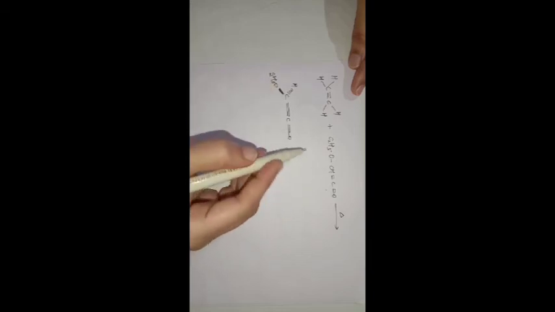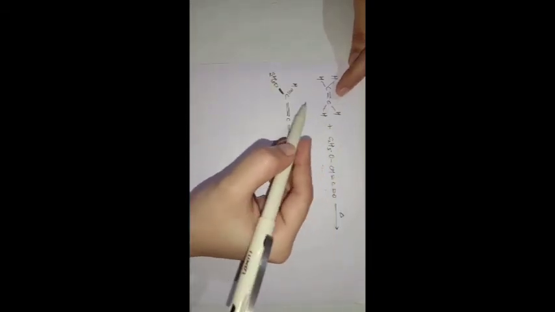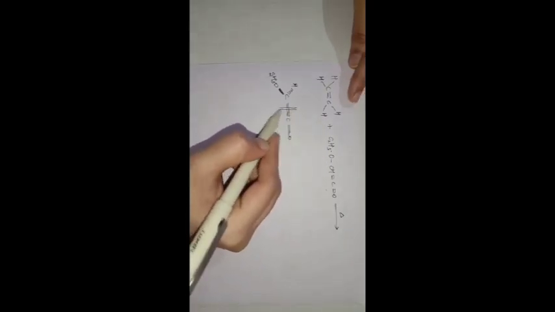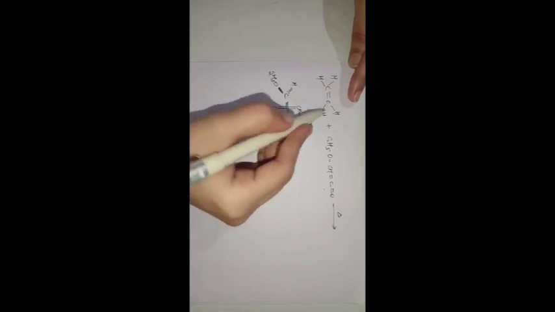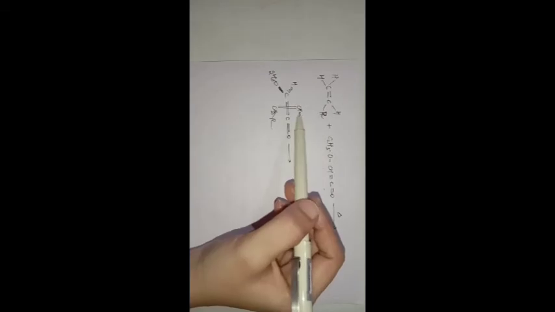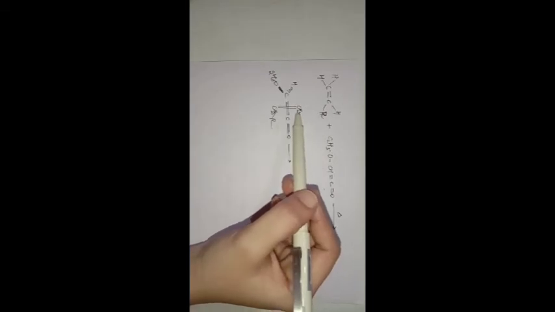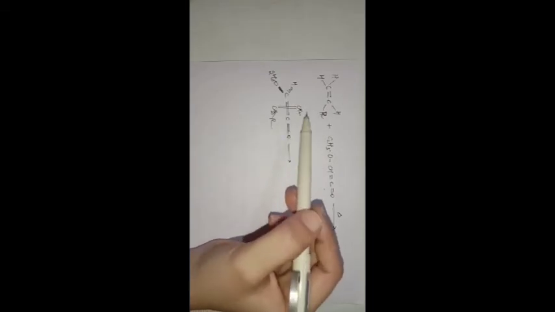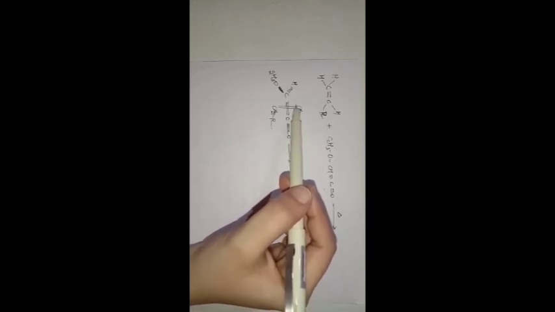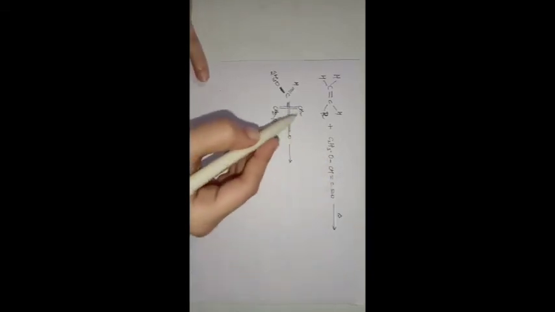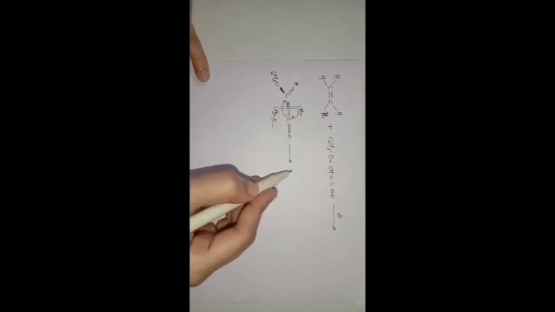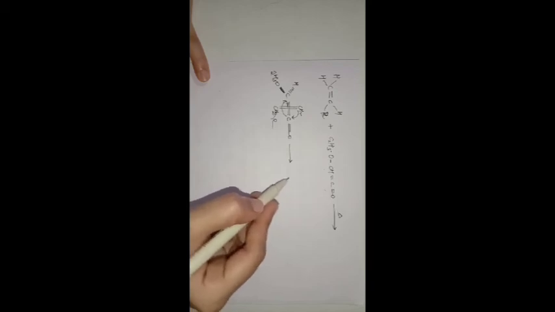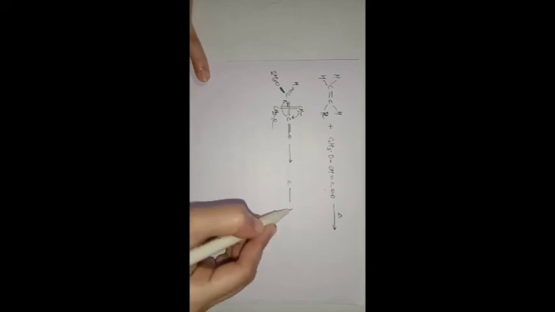This one is ethoxide. Okay, now the remaining is the alkene molecule, so I am writing it as CH2 and CH2, or if there is a substituent R, then you can easily write CHR. Two interactions will be there. Firstly, HOMO of alkene will interact with LUMO of ketene, and secondly, LUMO of alkene will interact with HOMO of ketene. So finally, after the new bond formation, you will get, as per this, the carbon-carbon bond.